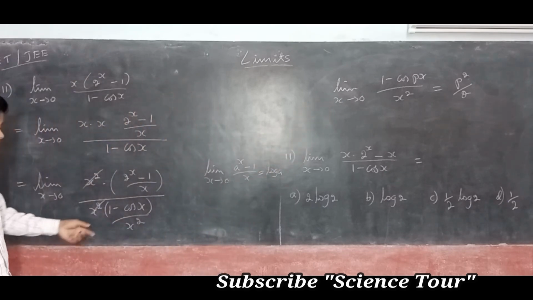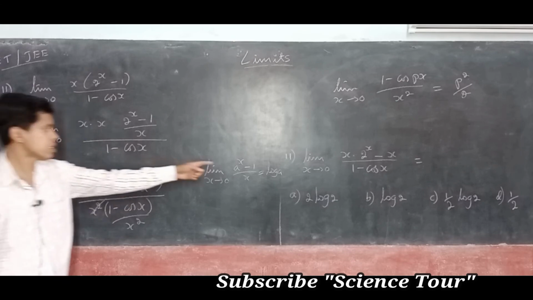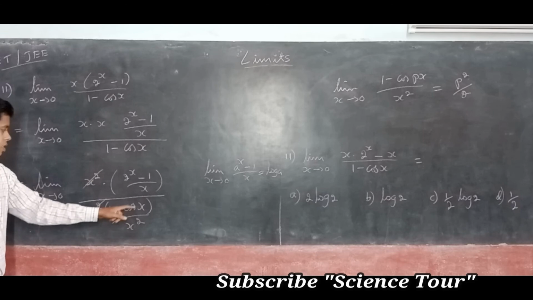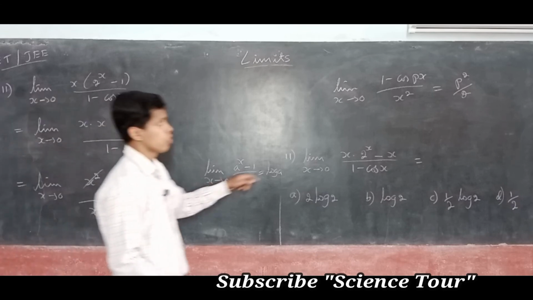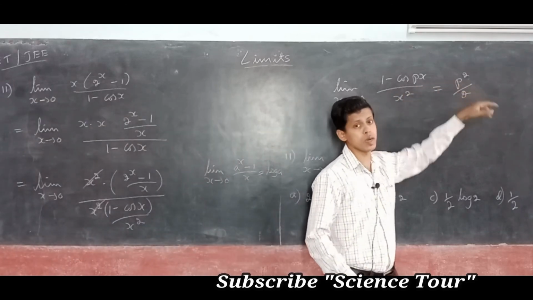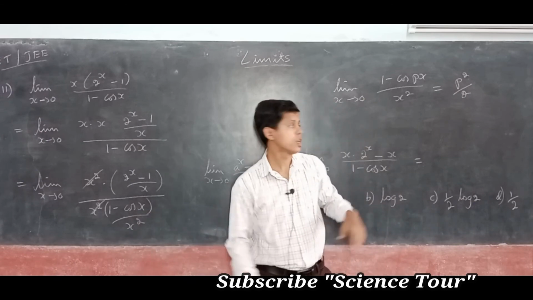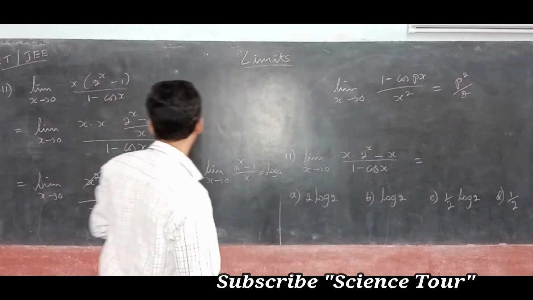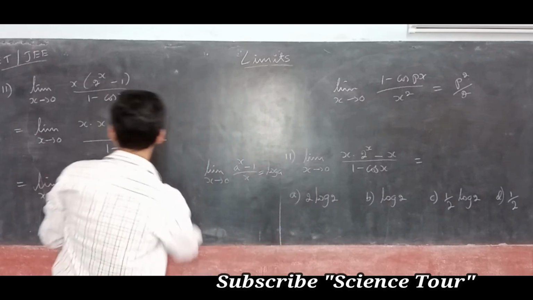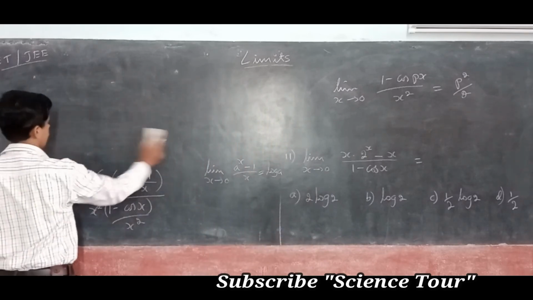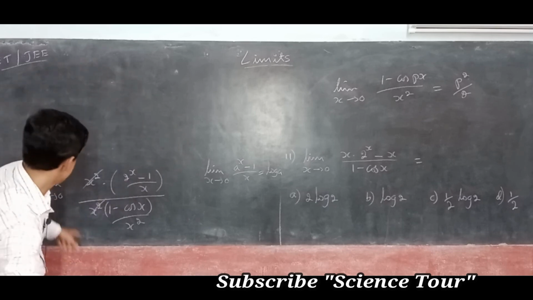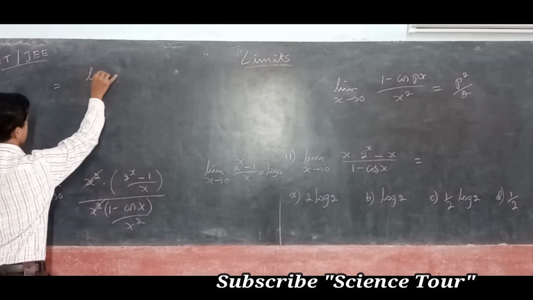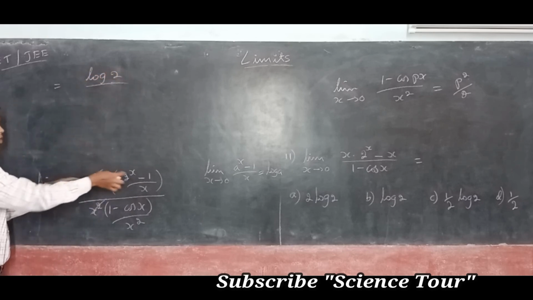Okay, so here the answer will be log 2, correct, because a is 2, and in this place p is 1. Therefore, if there is p, answer is p square by 2. Now if you have 1 there, it will be 1 square by 2, which is half, 1 by 2. Well, so this is equal to log 2 upon taking the limit.